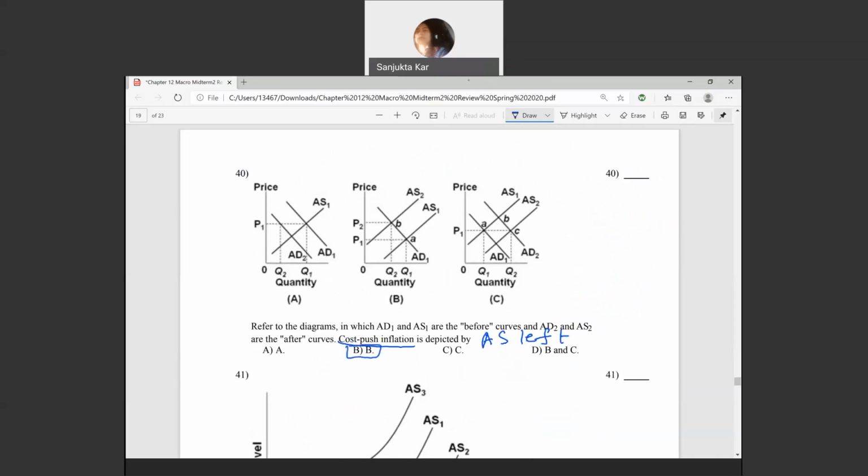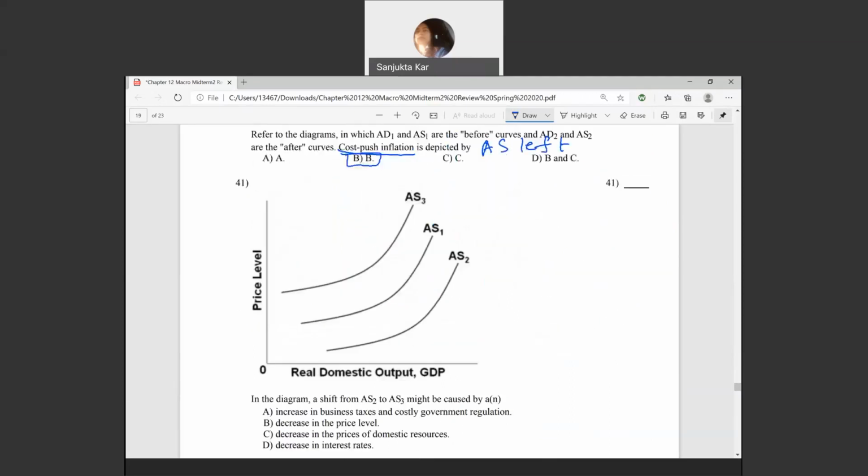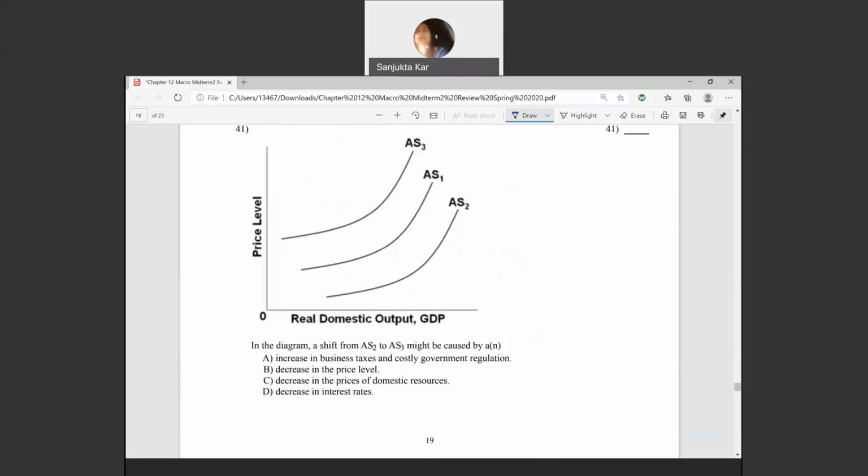And this is the answer here, aggregate supply curve shifting to the left. Question number 41 here. A shift from AS2 to AS3, like this one. So, okay, definitely this one. Increase in business taxes and costly government regulation.